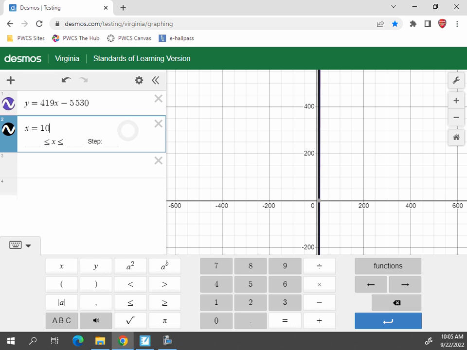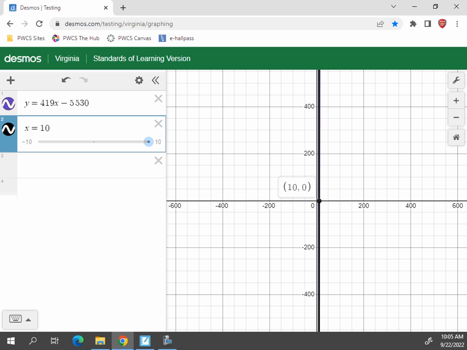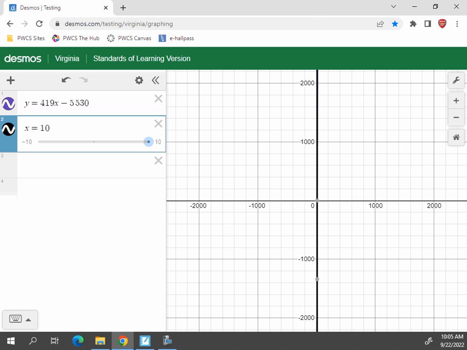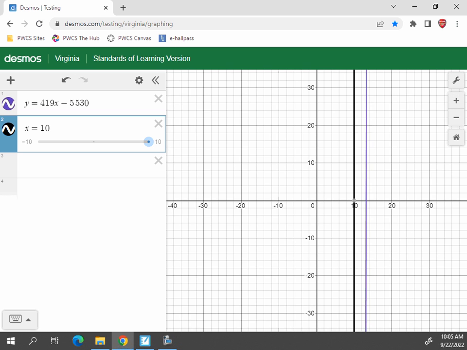If I just click this box where I say x equals 10, you can see a point appears. And we're getting 0, which is probably because it's so very small.